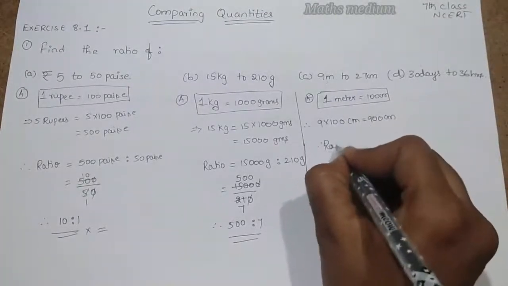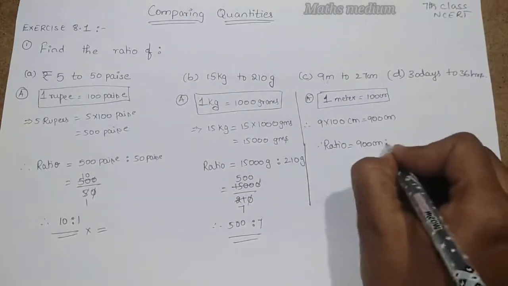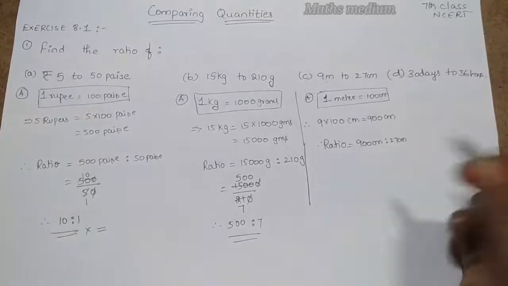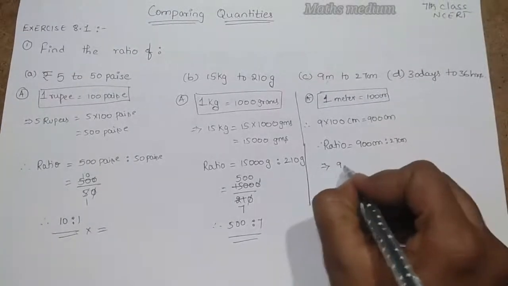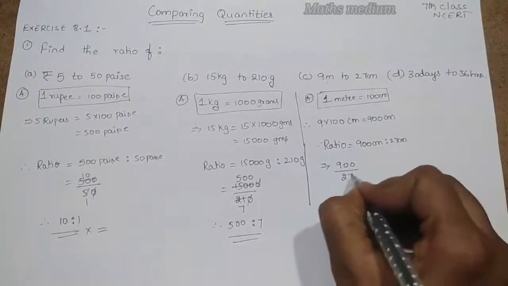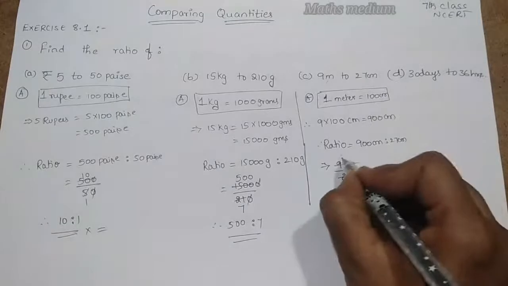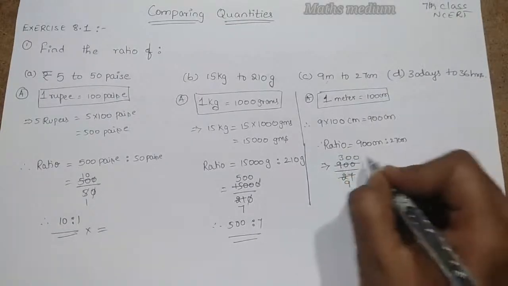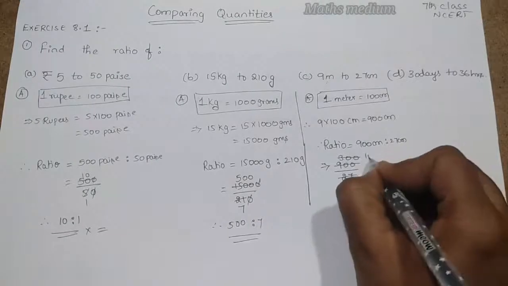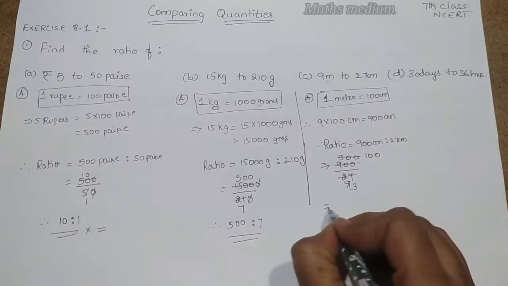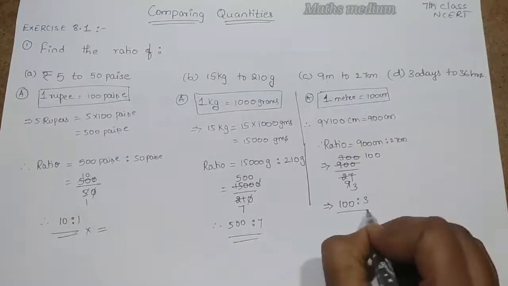Therefore, the ratio is 900 centimeters to 27 centimeters. We know that a ratio doesn't have any units. So, 900 divided by 27. Here, 3 9s are 27, 3 3s are 9, so 300 to 9. Again, 3 3s are 9, 300 to 9 gives 100 is to 3 is the answer.